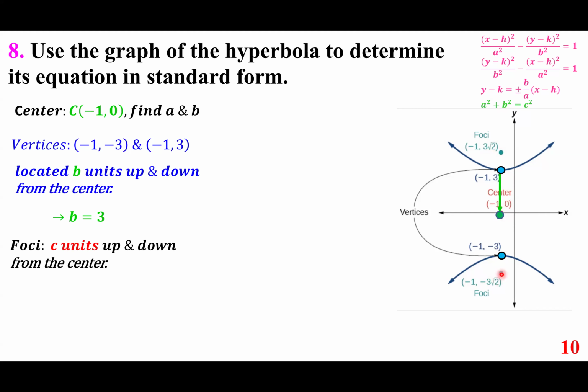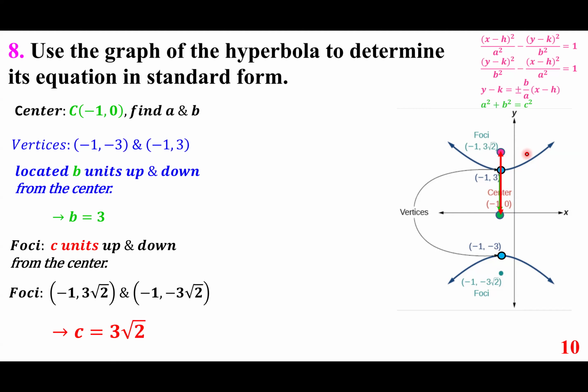Or you can look at this one. So the foci are located at (-1, 3√2) and (-1, -3√2), and we are looking at this distance to be 3√2.